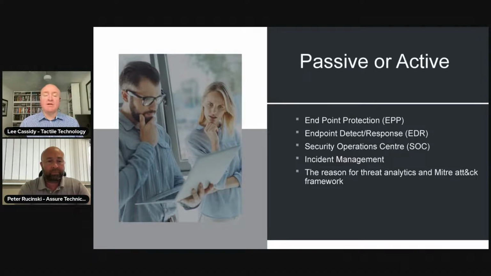It's a passive approach. It's where people have got some kind of antivirus technology and some kind of personal firewall on an endpoint. That endpoint could be a desktop or laptop running Windows, a Mac-based system, or it could be a server, either physically in a data center, virtually in a data center, or in a cloud service.